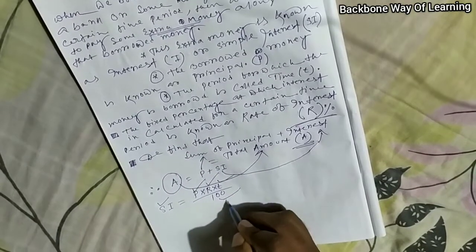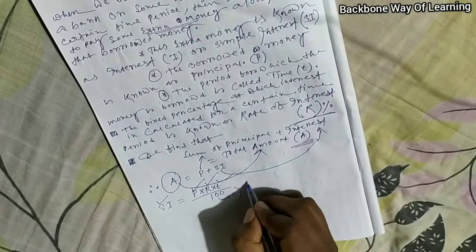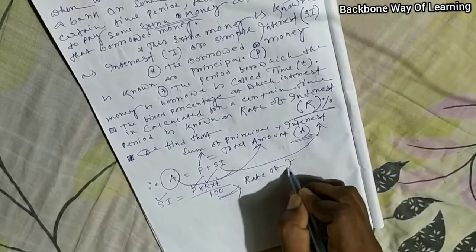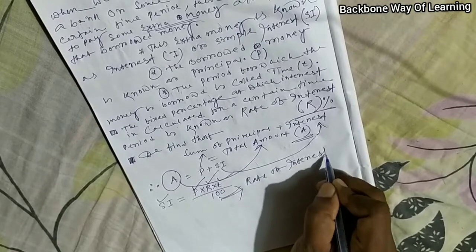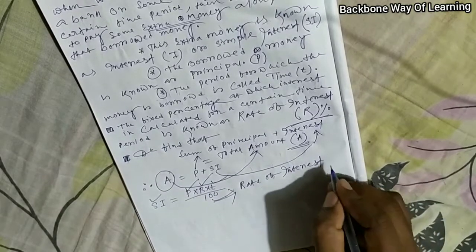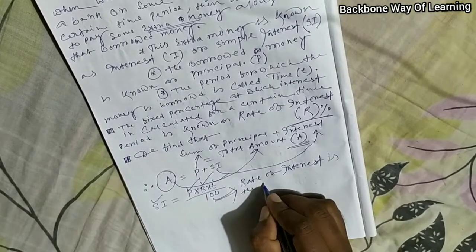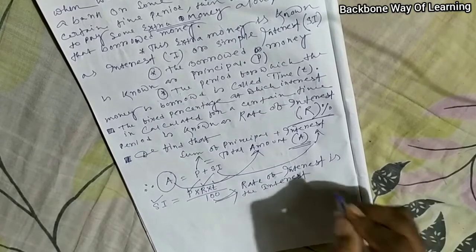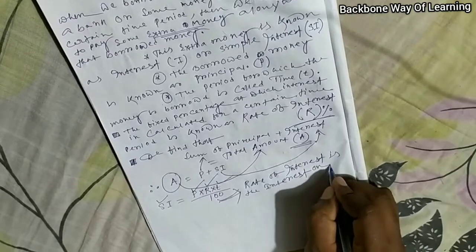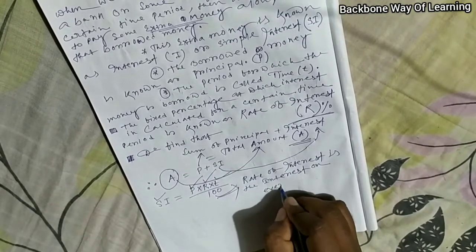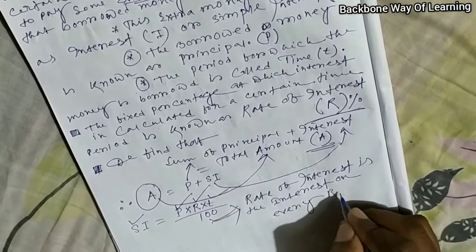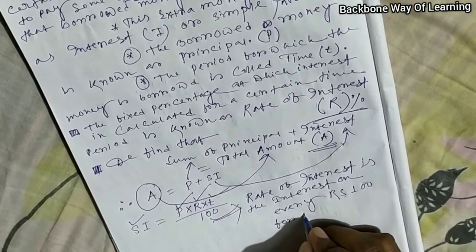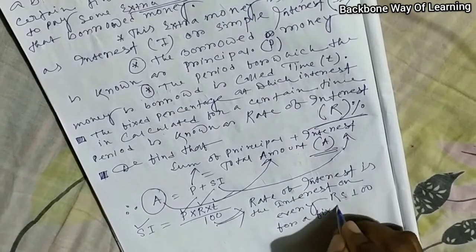And this 100 means the rate of interest is the interest on every 100 rupees for a fixed time.